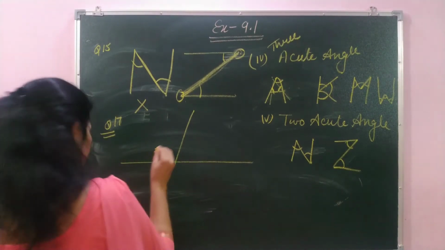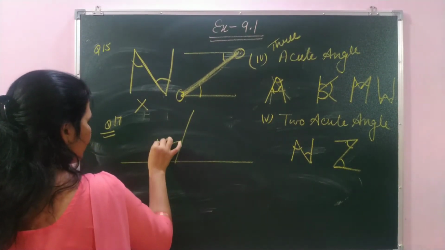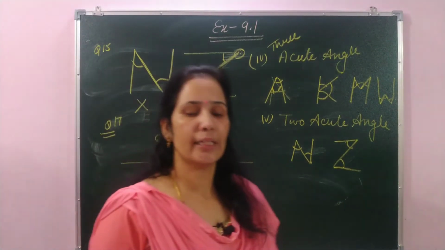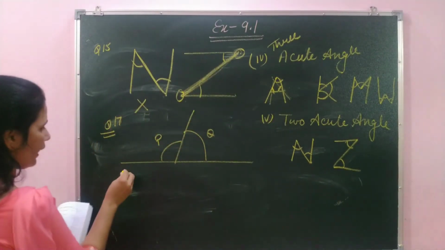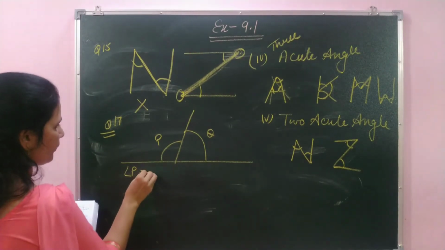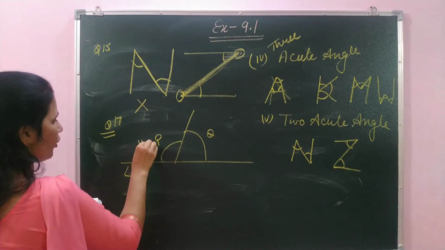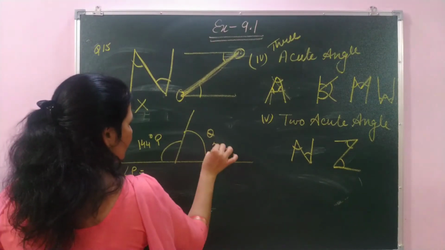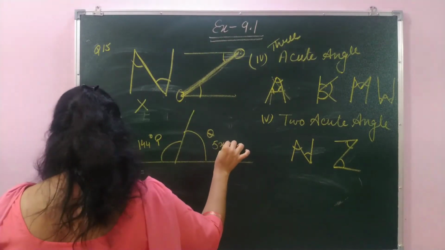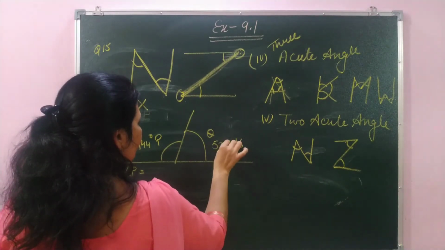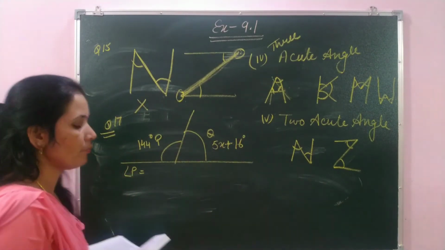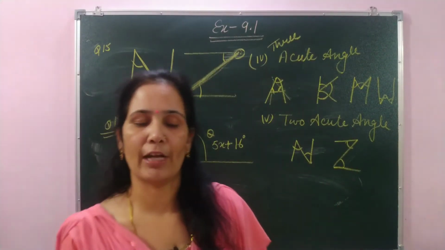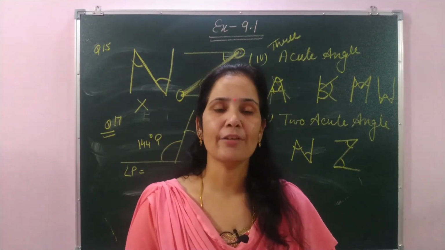This is angle P and this is angle Q. They have given the value of angle P, that is 144 degrees. Then angle Q is 5x plus 16 degrees. Okay. From the given data, we have to find the value of Q, and second, the value of x.